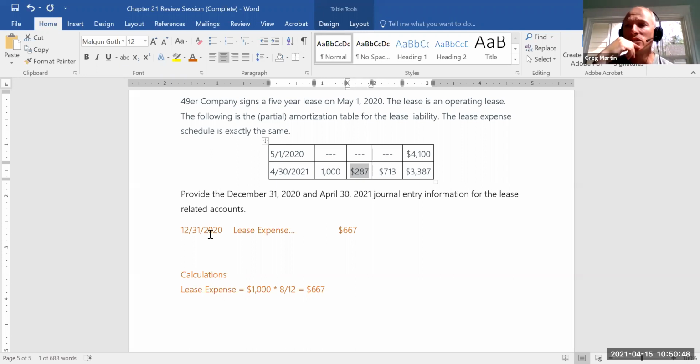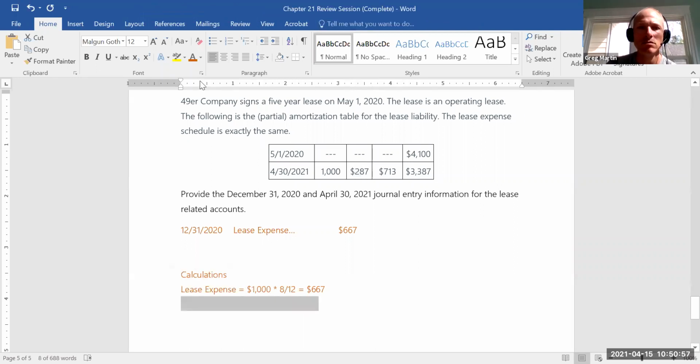Good. No, it's not. Does anybody know the amount that it would be? Good. It's 8/12, because 8 months of inferred interest accrues in 2020.